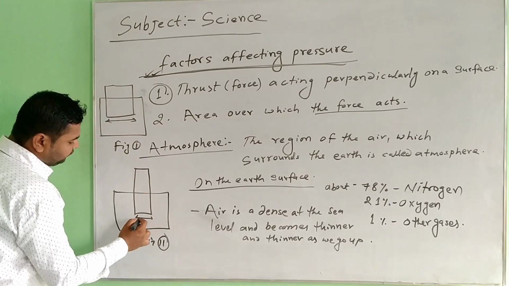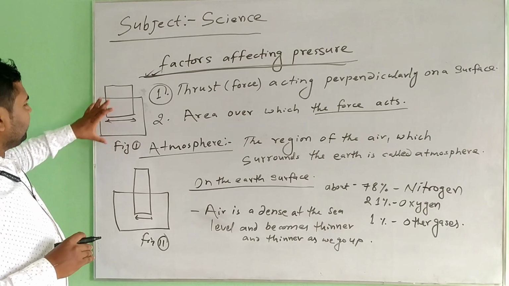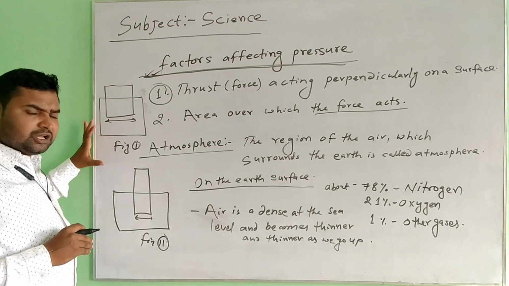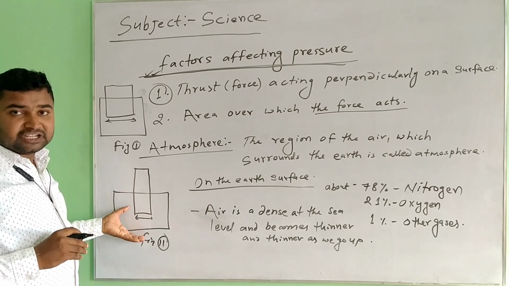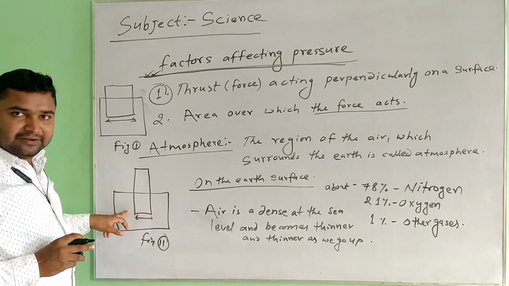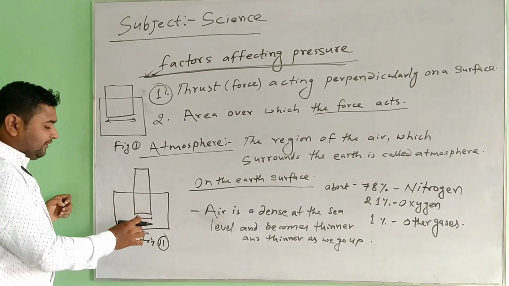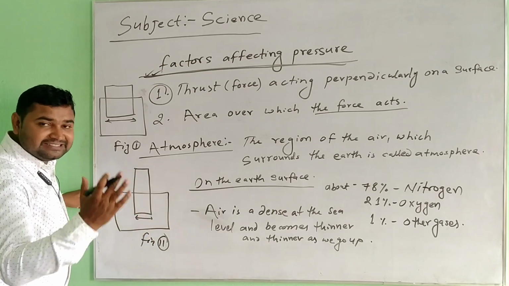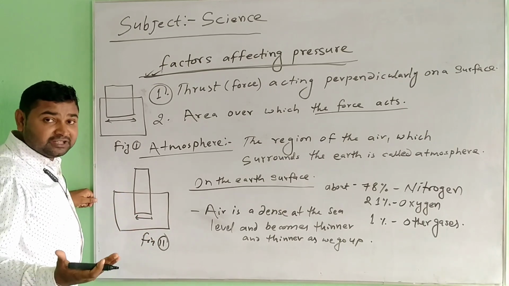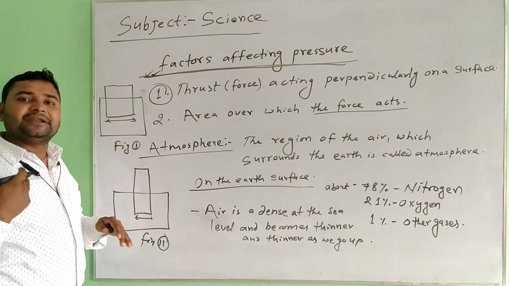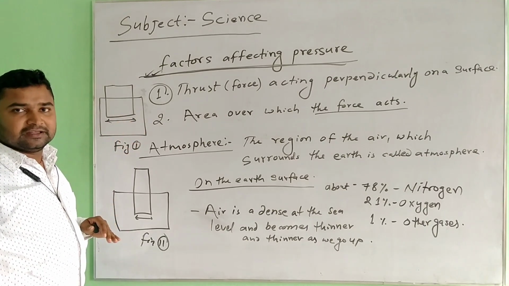In figure number 2, the area covered is small. Does figure number 1 exert more pressure or figure number 2? Directly you can say figure number 2, yes or no? Because in figure number 2 the area is less. If the area is less, there is more pressure. In figure number 1 the area is large, it means pressure is less.